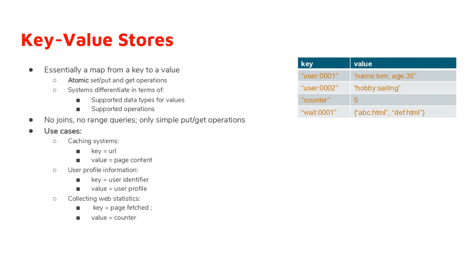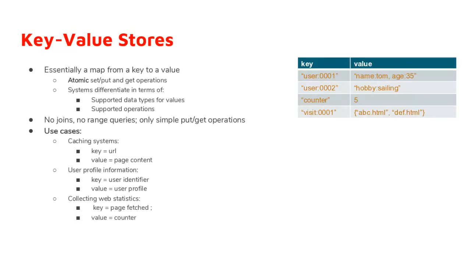Another use case is user profiles. For example, LinkedIn or Facebook, you have your profile with some data associated, like your current job or your degrees. There the key is just your user identifier, and then the value is all the data for your user profile.